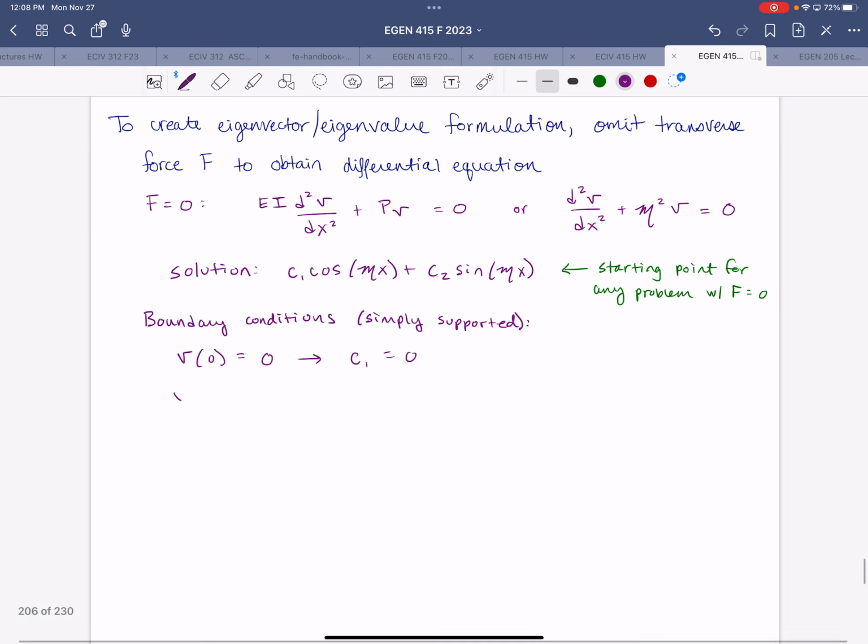And at x equals L, deflection is 0. So that tells us that C2 times sine of mL is equal to 0. Now, if we conclude that the constant C2 is equal to 0, that would be a trivial solution. That leaves us with nothing of any significance. So that means C2 is not equal to 0, which means that sine of mL must be equal to 0.